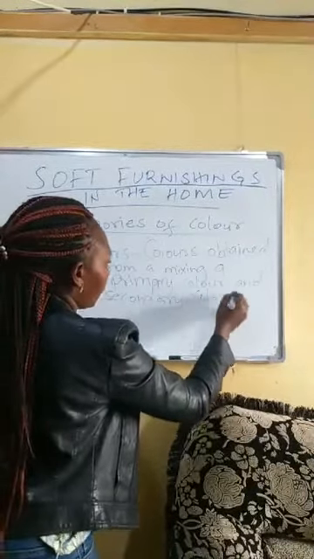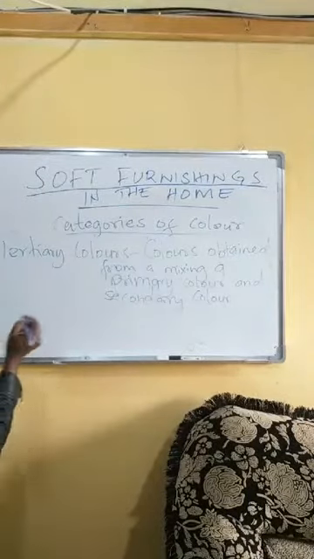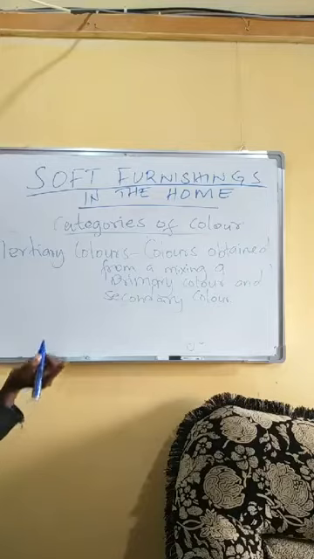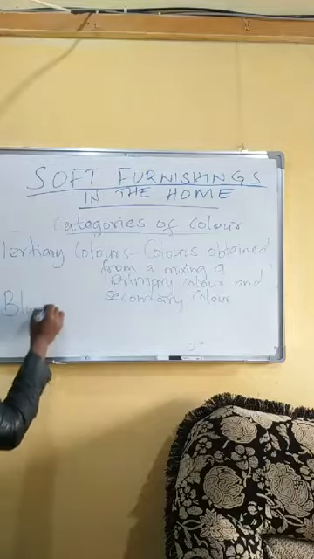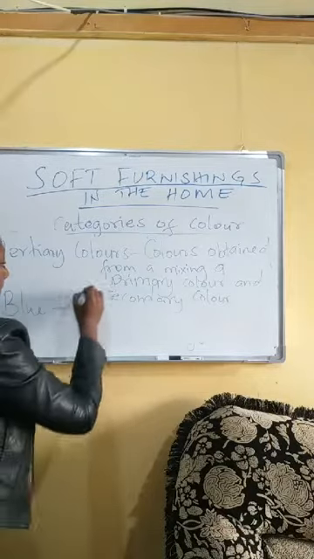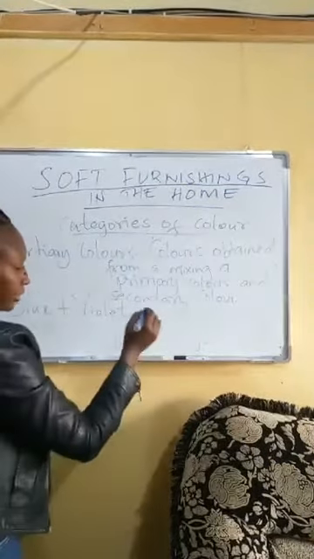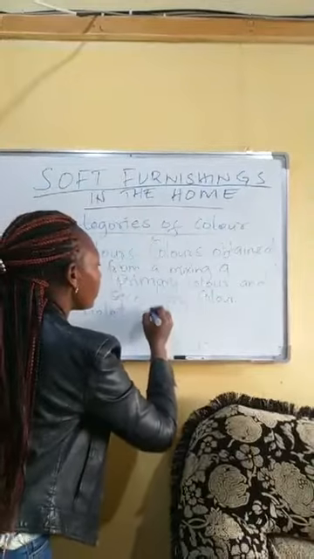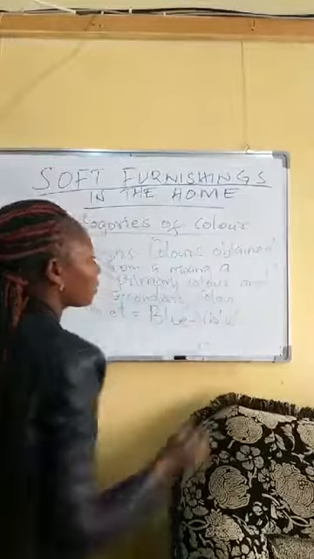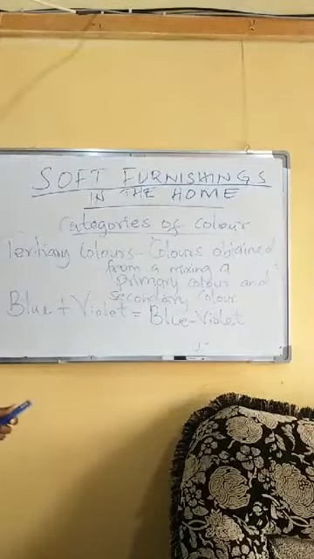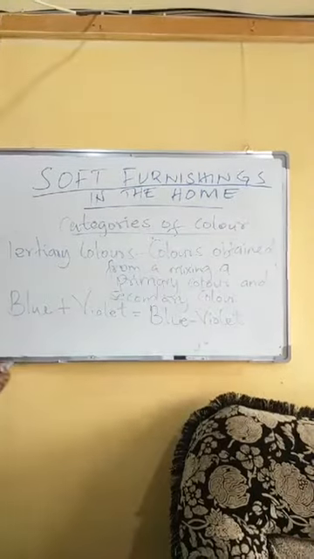So you get your primary color, you mix it with a secondary color, you get a tertiary color. For example, you can get a primary color like blue. You mix it with violet, you get a tertiary color known as blue violet. So you can try and do for the other colors, but I hope you have understood what tertiary colors are and how to obtain them.